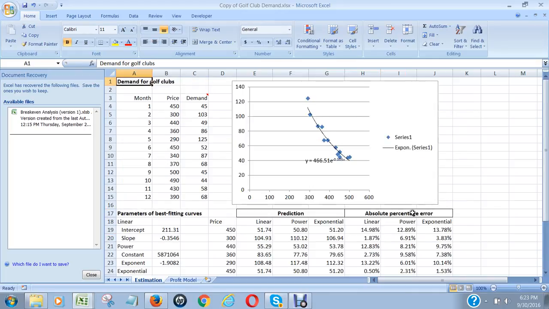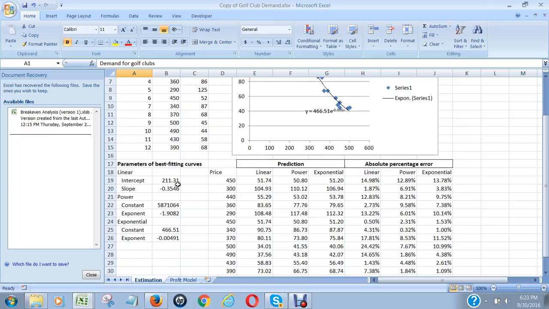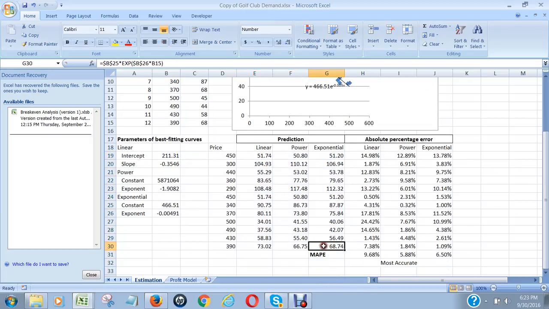So to review, what we did was we used scatter plots to get lines of best fit for the price versus demand equation, and we put them here with their intercepts and slope and constant and exponents. Then we used the linear, power, and exponential equations, these here, in order to predict what our demand would be if we used only these equations.